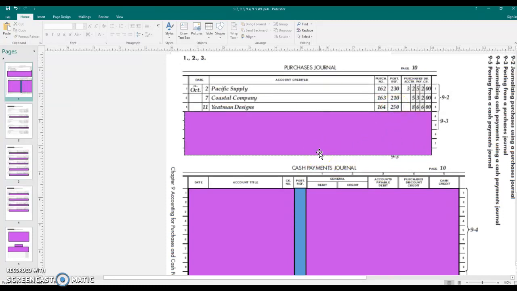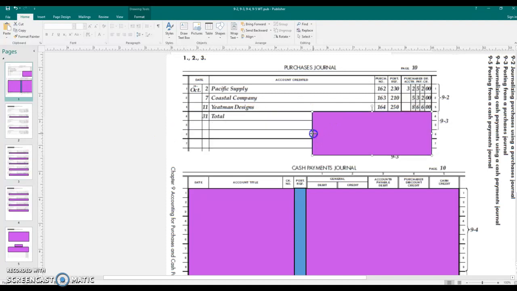All right. The next thing we have to do is the total. We total all the journals except for the general journal. First, we find the end of the month, 31st, and total. You do a single rule, and then add up these three numbers for the total.